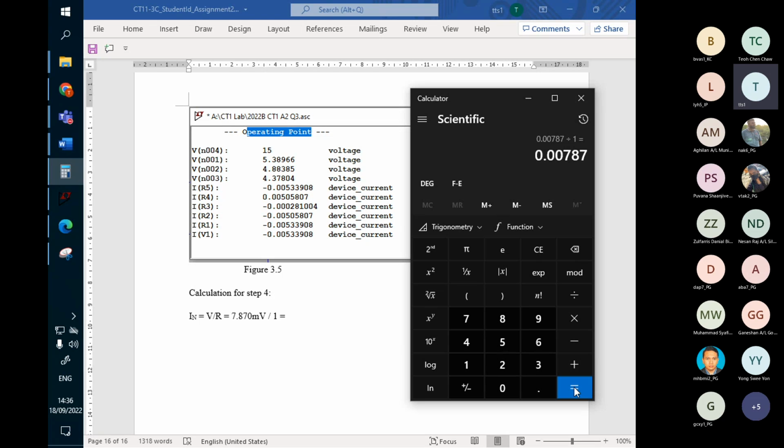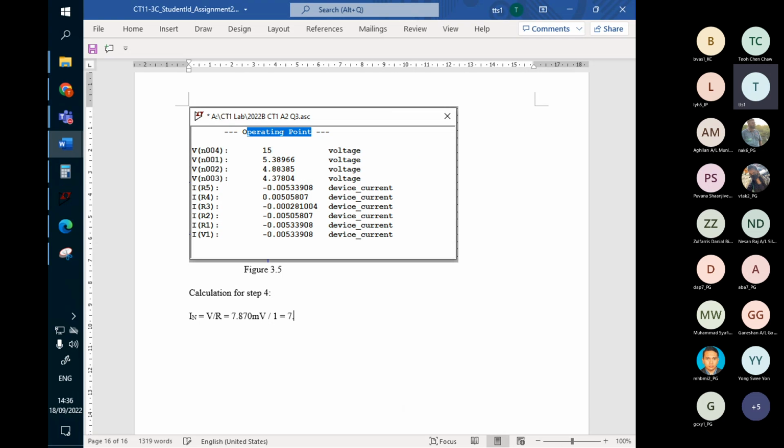Is it correct? Let me double check. Yeah, it's correct, 7.87. So this is our answer, or Norton answer. This is the correct answer actually. Just underline.